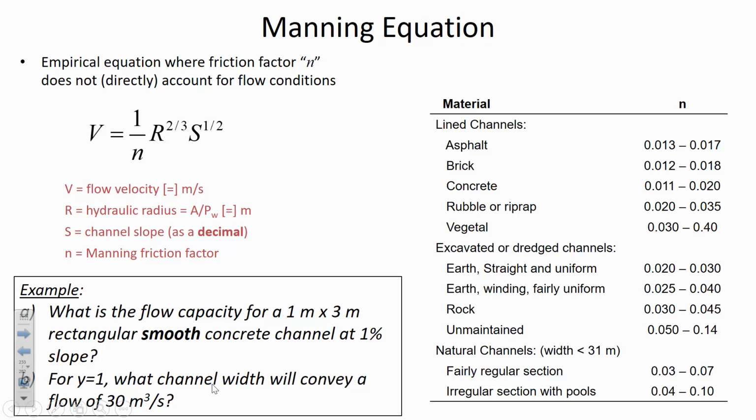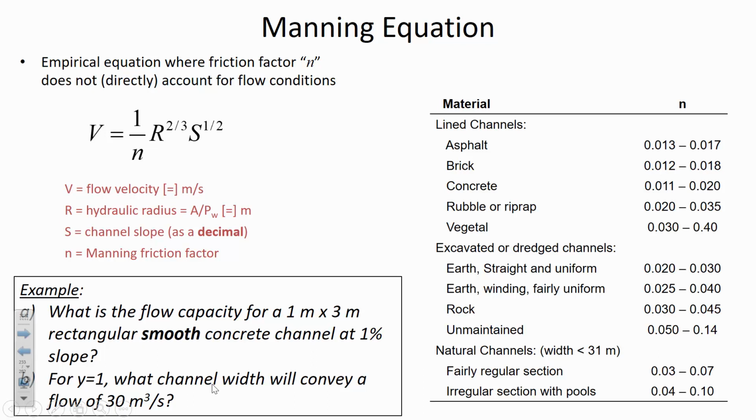And so we have Q is area times area divided by wetted perimeter to the 2/3 power, slope to the 1/2 power, and dividing by n. So this is Manning's equation where I haven't combined the areas this time.